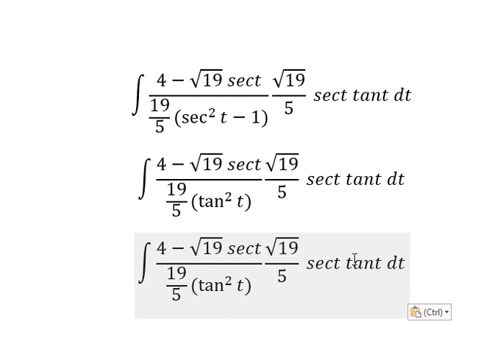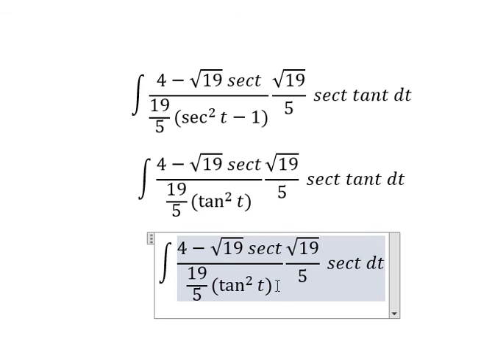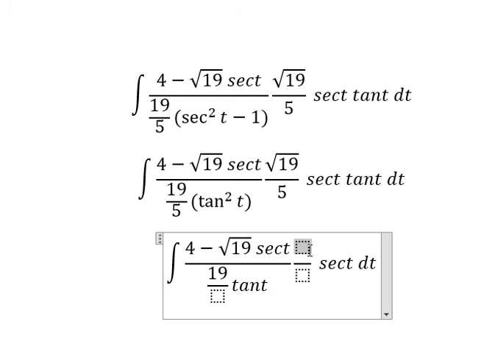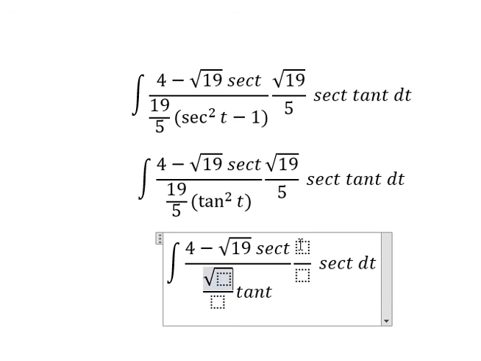We simplify tan t. Number 5 we cancel. Square root of 19, this one we simplify. And you got the square root of 19.